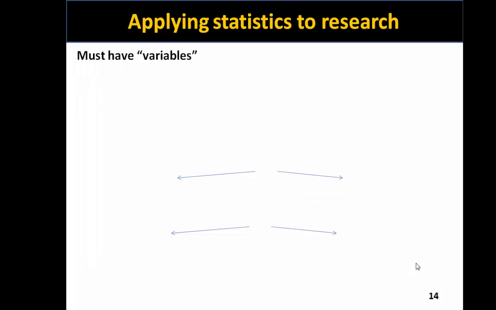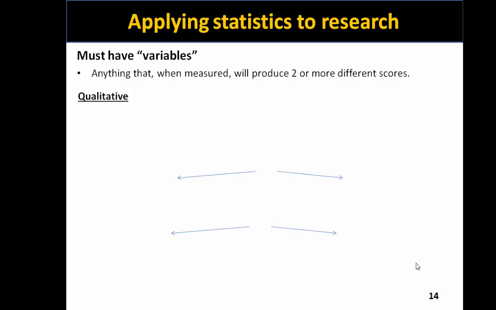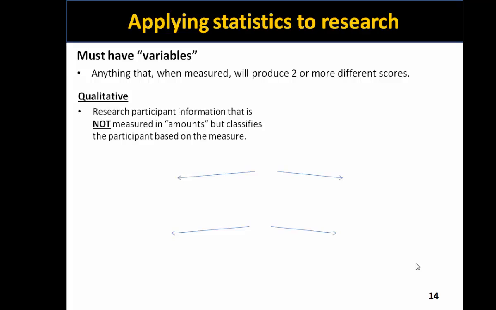When we talk about applying statistics to research to characterize the observations that we make, we establish what are called variables. We have two major types of variables. We have qualitative variables, which do not use numerical descriptions but use different classifications to identify the characteristics of different people or what we're measuring here.